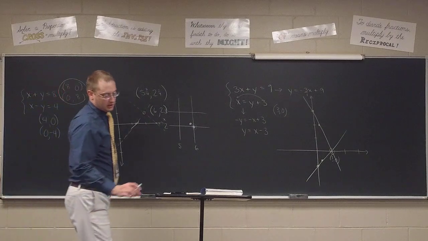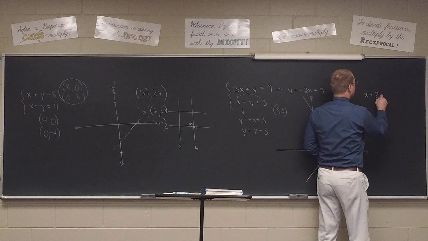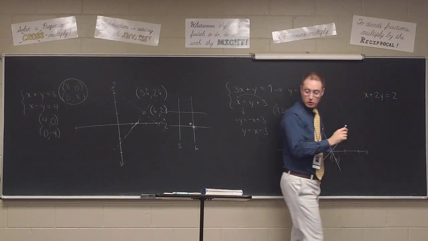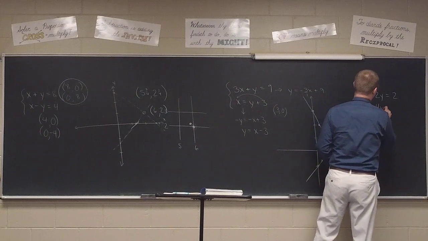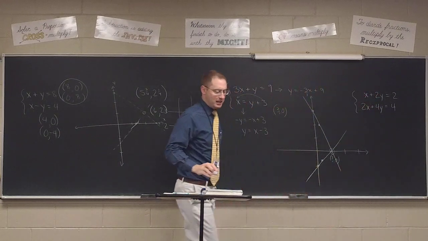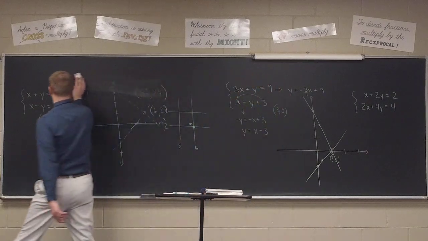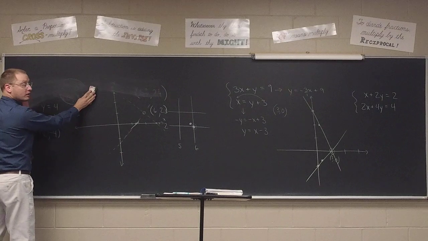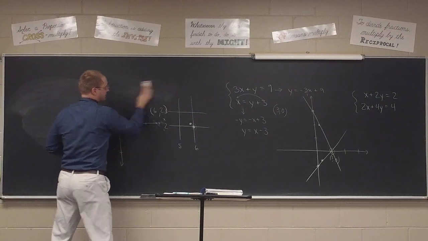All right. And let's take a look at number 9. We have x plus 2y equals 2 and 2x plus 4y is equal to 4. Maddie, intercepts or slope-intercept form? I'm sorry? Intercepts. All right, so for the top equation, what's your x-intercept?